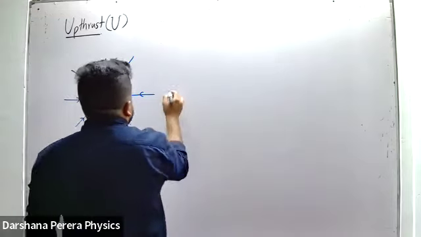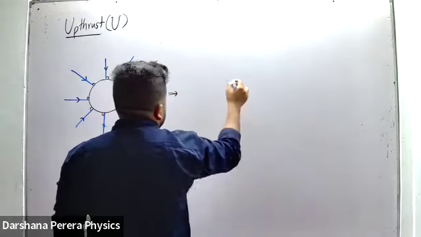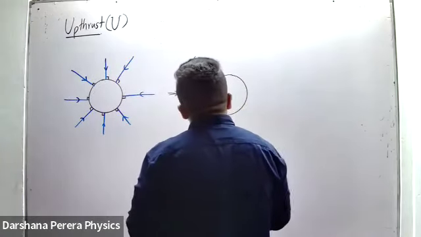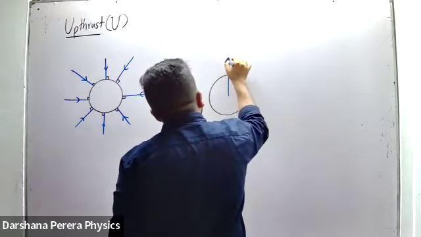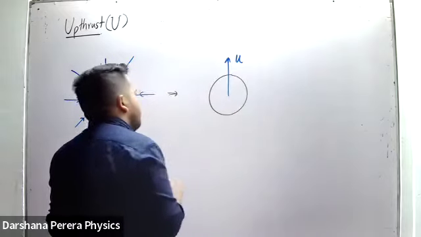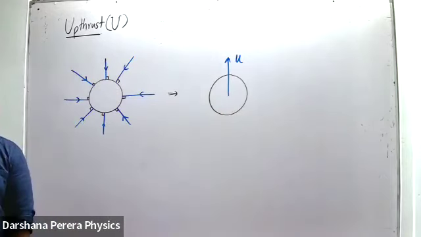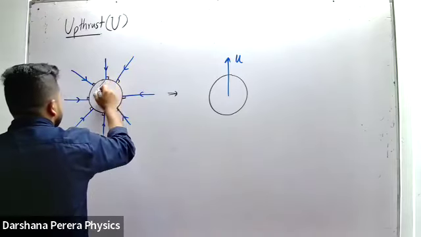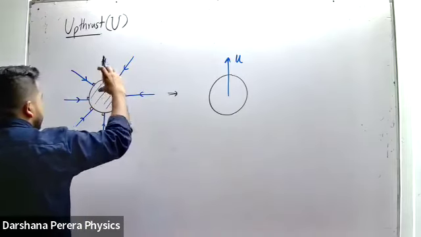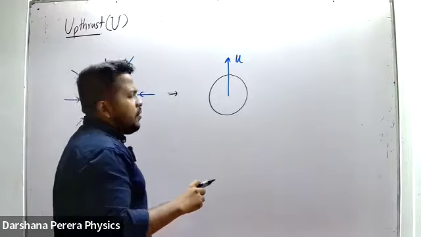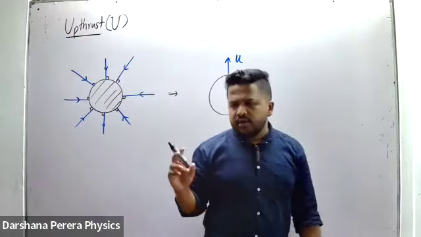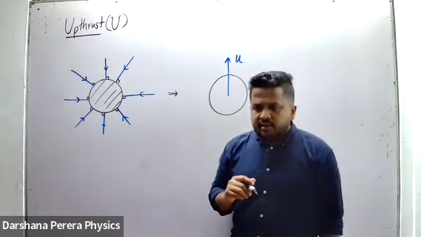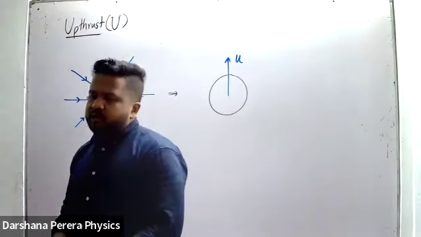If the resultant is upwards, right? It's created if all the pressure forces are perpendicular to the object, and the total summation, the total resultant, must be directed upwards, right? That is the upthrust, right?